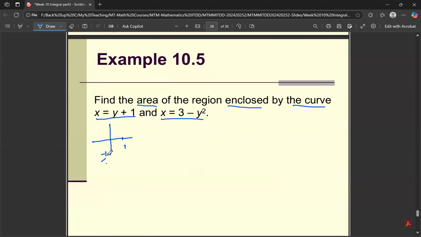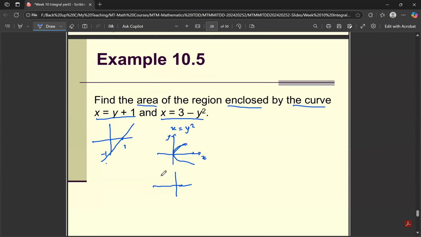So we have the line like this. And this can be x equal to y squared. Yeah, we know that x is equal to y squared. This is x, this is y, and minus will be like this one.